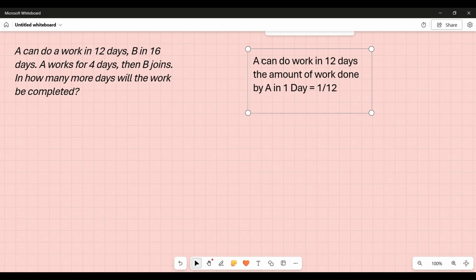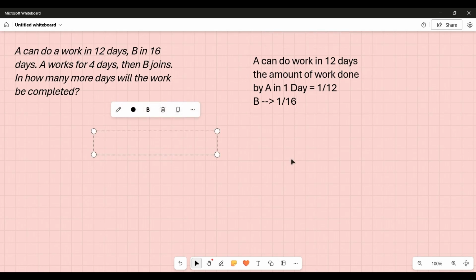Same for B, the amount of work done by B on a particular day can be calculated by the same formula. It will be 1 upon 16, as given in the question, B can do the work in 16 days.